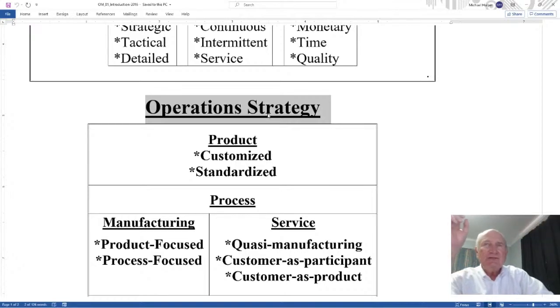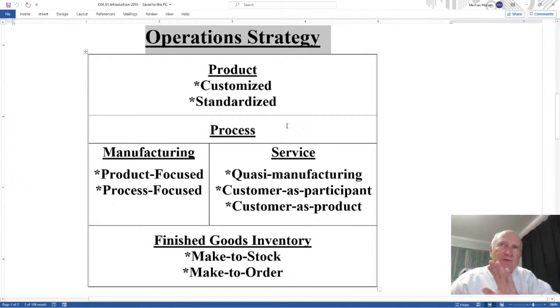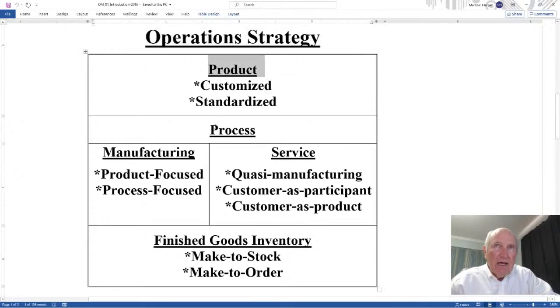In operations, I'm going to introduce this by looking at 3 operations decisions: a product design, a process design, and an inventory design. Now remember, each of these are decisions that are made around design.